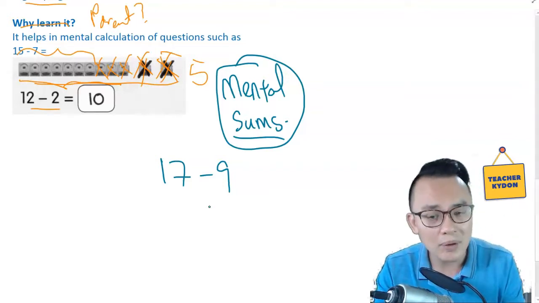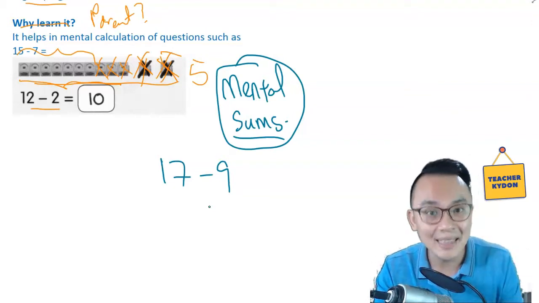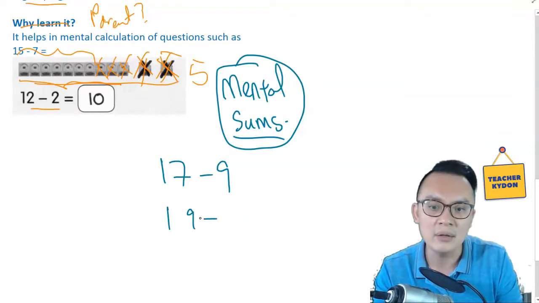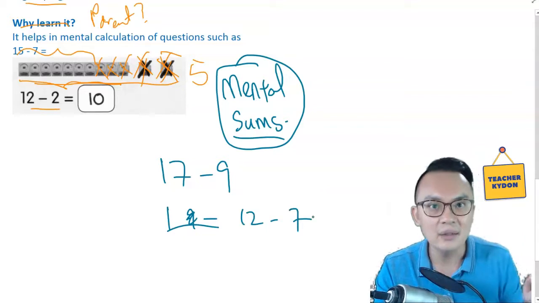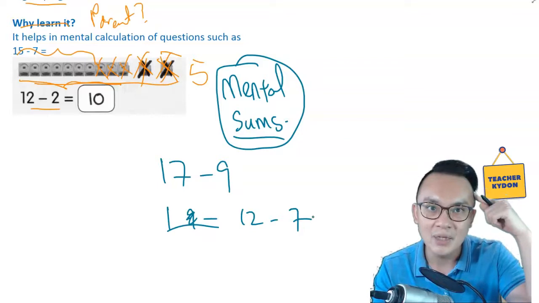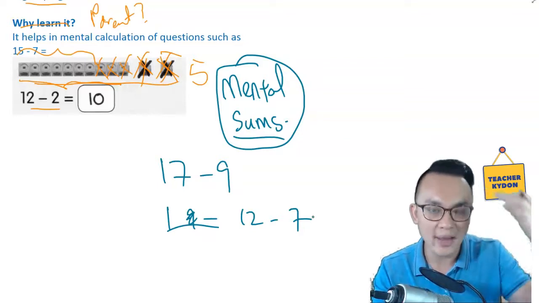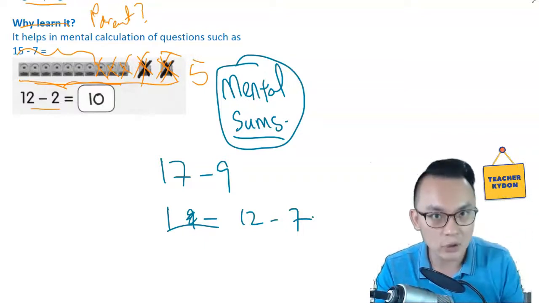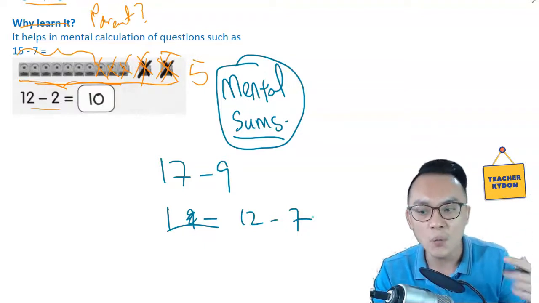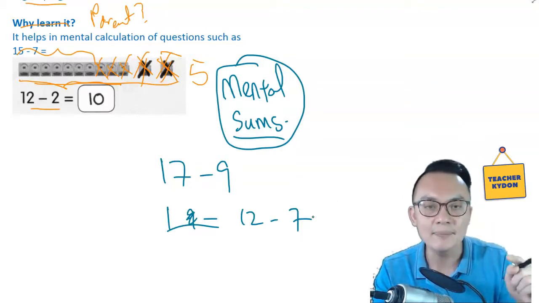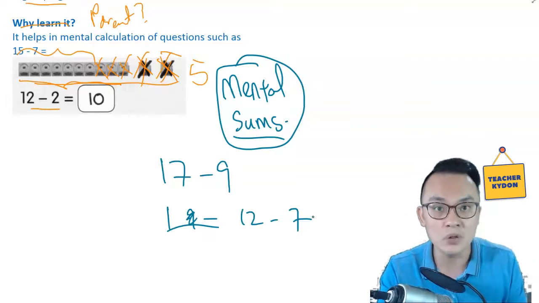Even adults, if you ask them how to do a question like 12 minus 7, they do have problems trying to work it out. If you can do it, it's mostly because you have that image of the numbers in your head and how to split them up. So in this video, I want to share why it's important to do subtraction within 20 in a number bonds way.